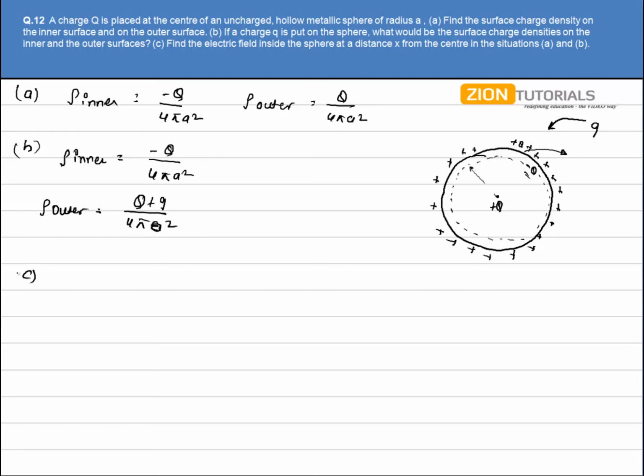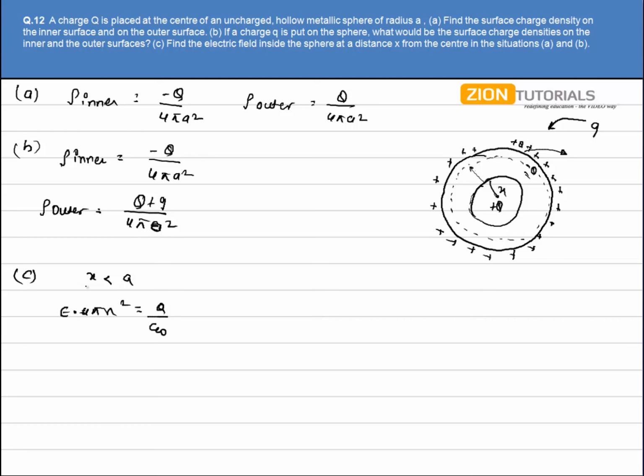Now in part C I have to calculate the electric field at a distance x. Let's say when x is less than a, the electric field will be given by Gauss's law: E times 4 pi x square equals Q by epsilon naught, because at this instant the surface is taken at a distance x.